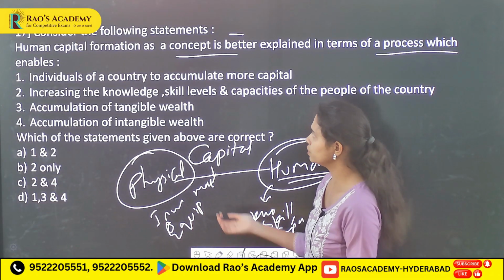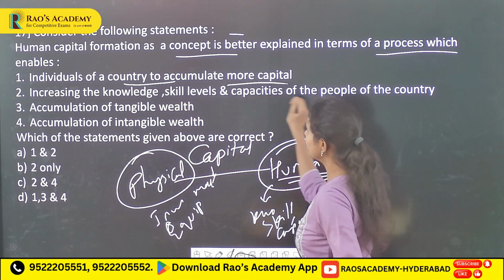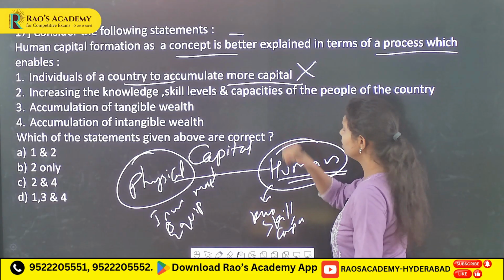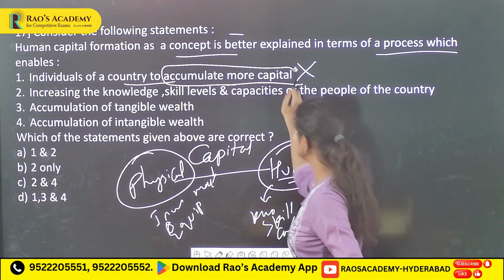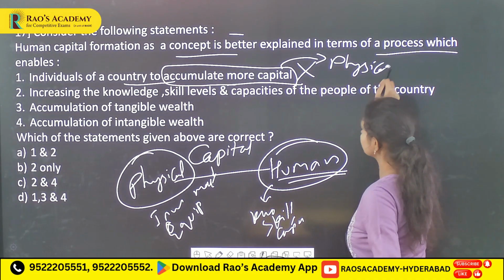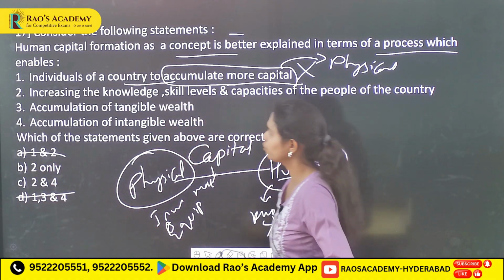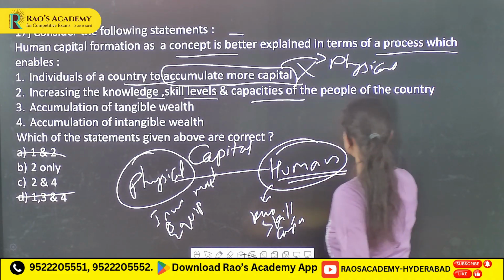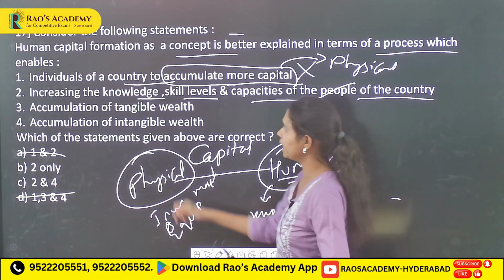So if you see the first statement, individuals of a country to accumulate more capital, it is not talking about the accumulation of more capital. Here the accumulation of more capital is talking about physical capital, not human capital. So the first one is going to be an incorrect one. Then, increasing the knowledge, skill levels and capacities of people of the country is directly a correct statement. Then comes accumulation of tangible wealth.